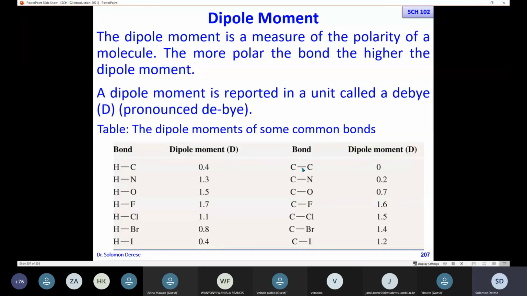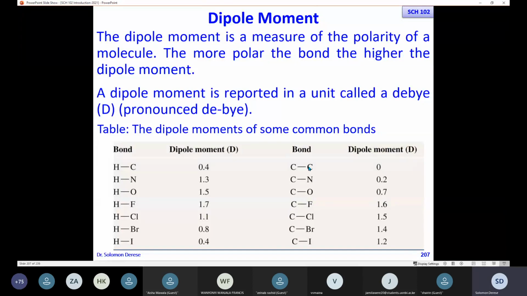So in this particular case, the chemical bond is between two carbon atoms. There is no electronegativity difference. As a result, this chemical bond between the two carbon atoms is non-polar, which is the case because the dipole moment is 0.